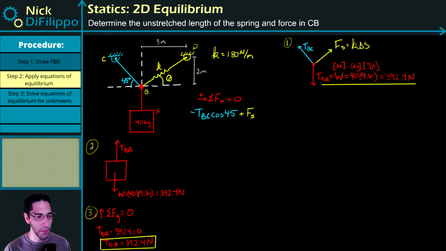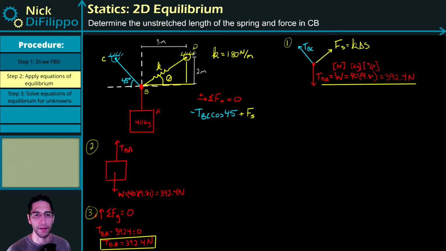Well, my x component is actually, we need to figure out what theta is. And I can figure that out from the problem that was given to me. Here's a little triangle I can construct. I know that this height right here is 2 meters. I know that this length right here is 3 meters. So that means I can figure out what this angle theta is. From a right triangle, I'm going to have my opposite side and my adjacent side.